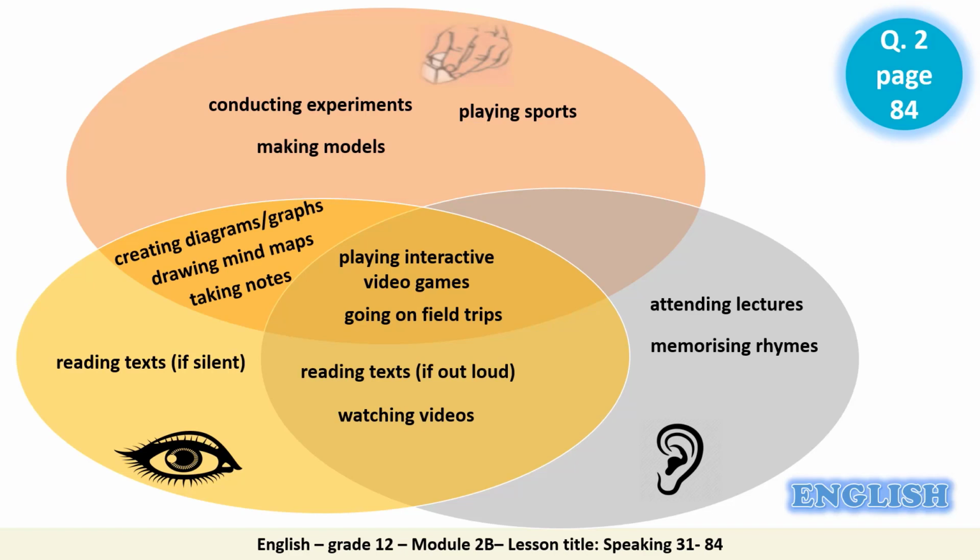Creating diagrams and graphs, drawing mind maps, and taking notes are a combination of the visual and kinesthetic. What about auditory kinesthetic? Can you think of an activity that combines these two learning styles? Absolutely! Listening to instructions and following them properly by turning them into actions.